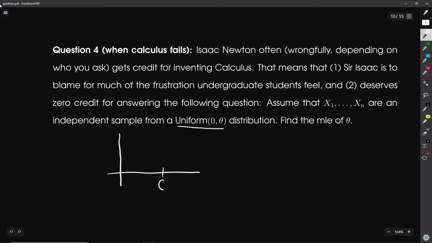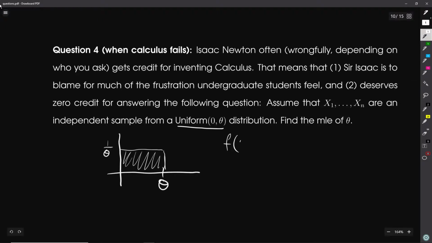So if theta is some value right here, then we basically have this rectangle of density, right? And it's constant across it all. In particular, based on the fact that integrating the PDF gives us 1, the value that the PDF takes on is constantly 1 over theta.